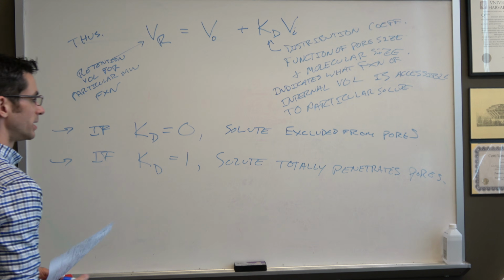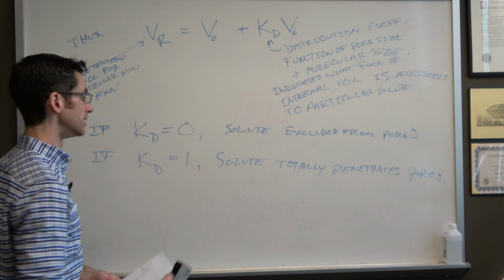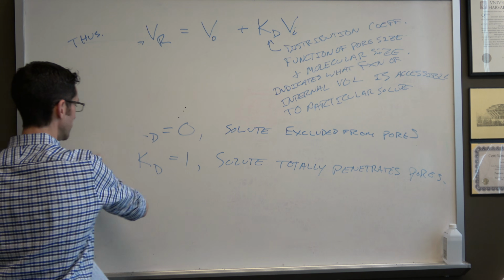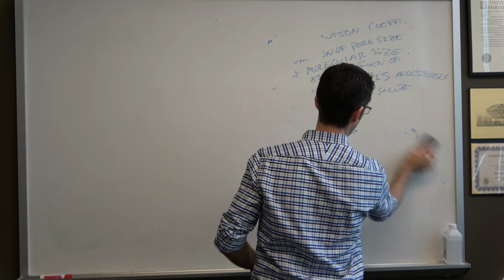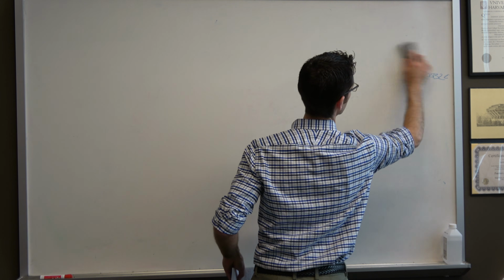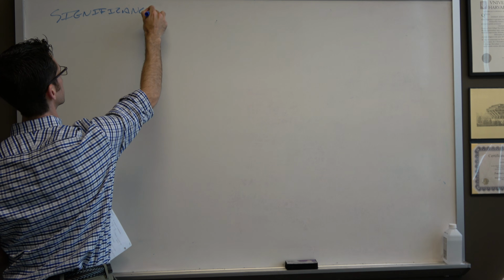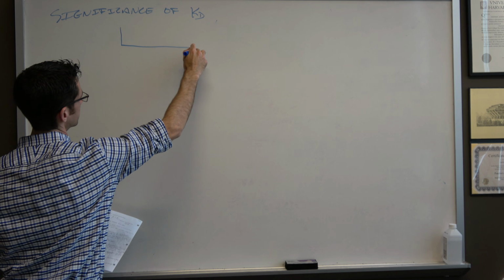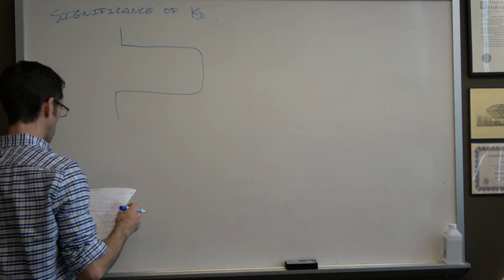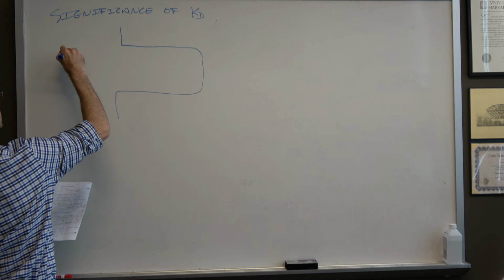And we can model, using a simple model, what a Kd actually means from the standpoint of the polymer chains as they travel through the column, using the following diagram for the significance of K. So imagine we have a cylindrical pore, and we have some polymer blobs with radius r.